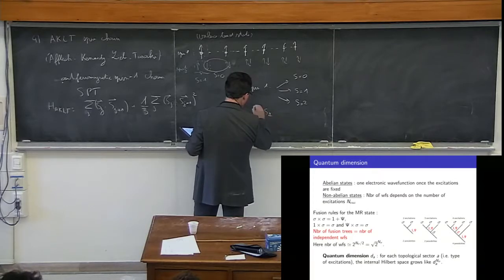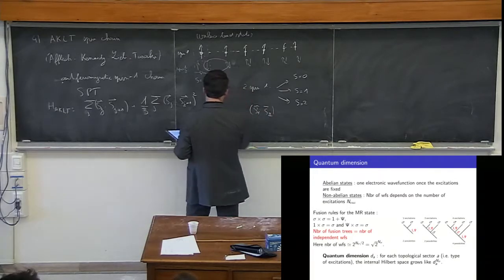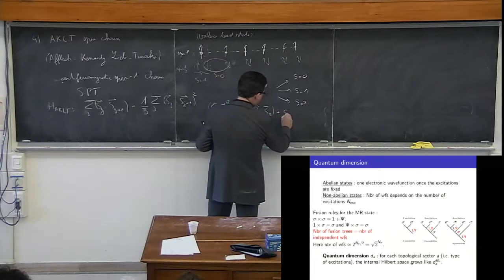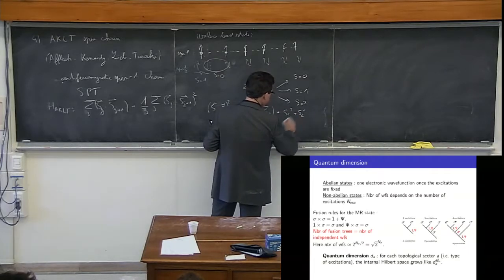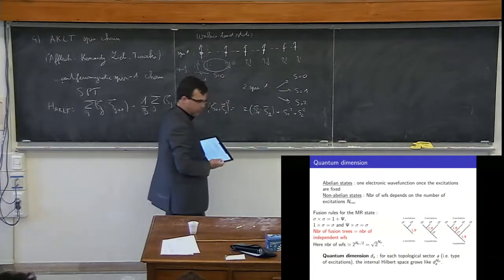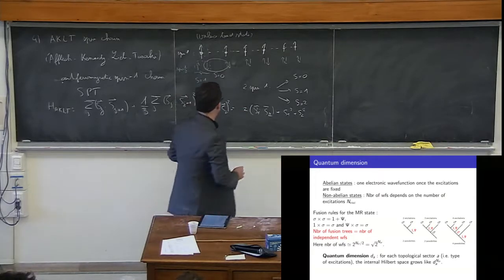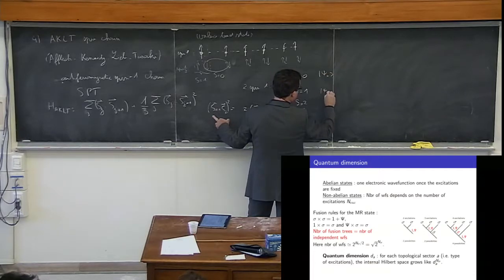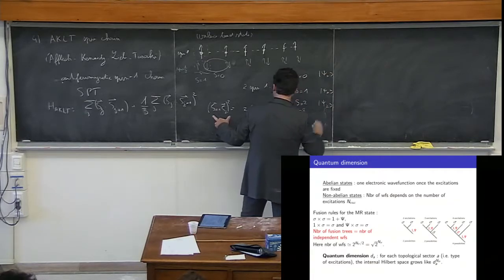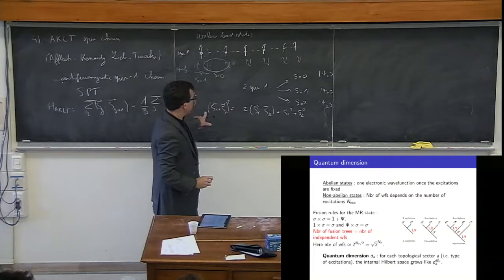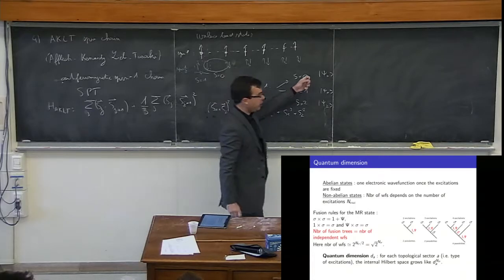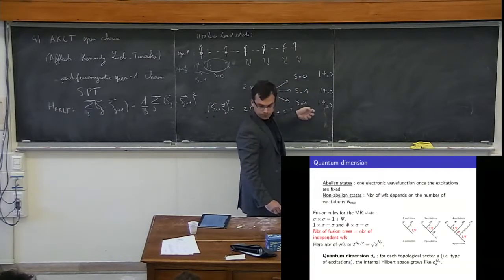S1, S2. If you take (S1 plus S2) square, it's 2 S1·S2 plus S1 square plus S2 square. So you can compute the expectation value of S1·S2 when you act on psi 0, psi 1, and psi 2.